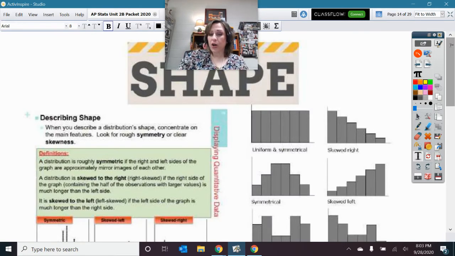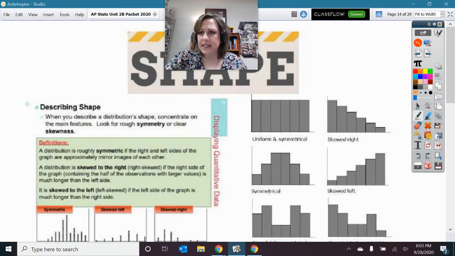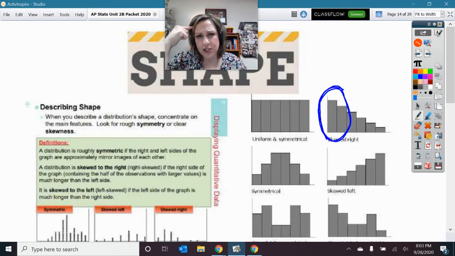Here are different shapes. We've got this skewed right. Commonly, skewed right and skewed left get mixed up because students will see this high part on the left, and for some reason that registers to them as skewed left. That's not correct.